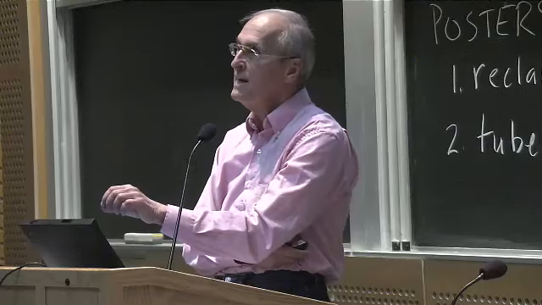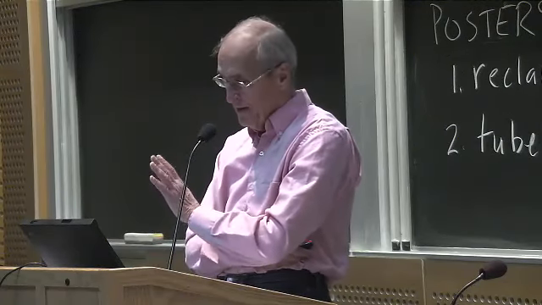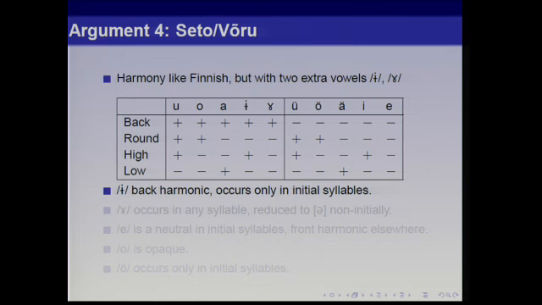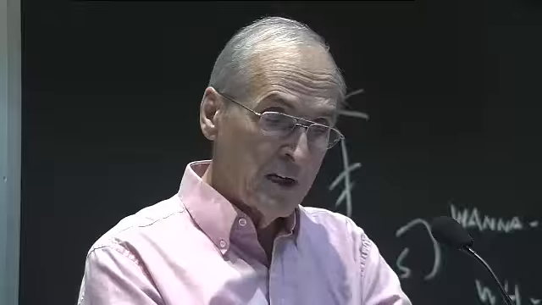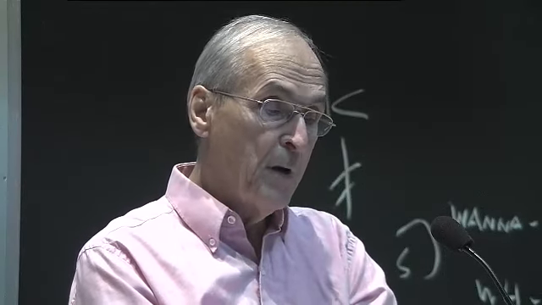The one that's spoken in Estonia is a separate language. So that's neither here nor there, but back vowel E, back vowel U is harmonic, and that's really the essential point. We have two extra vowels, but let's concentrate on that extra vowel back E.